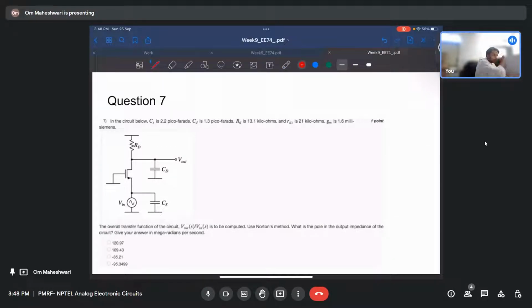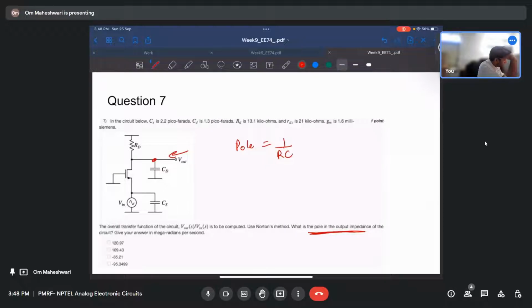So in this question, we have been asked what is the pole at the output. So we have to look here and tell what the pole is. At this node, the pole will be 1 by RC simply.